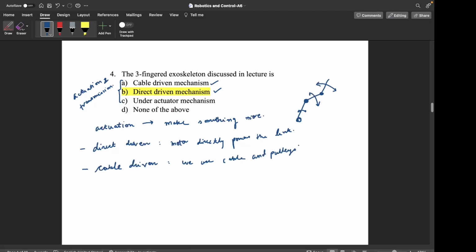In the direct driven case, the power source for each link is at the base of that link itself. But with cable and pulleys, the motor could be somewhere else, and it could be powering multiple links via these cables and pulleys to transmit power.